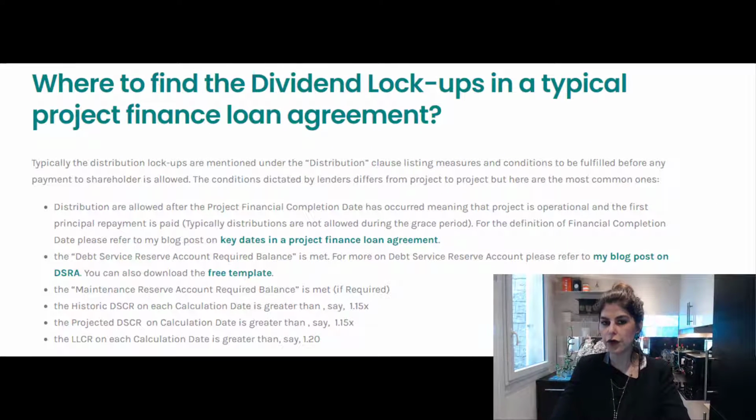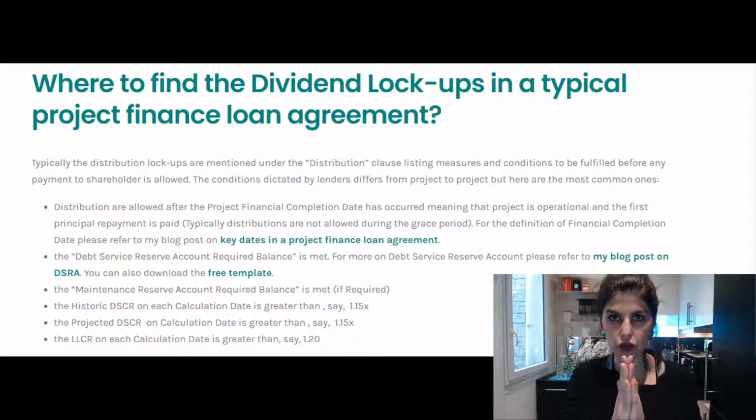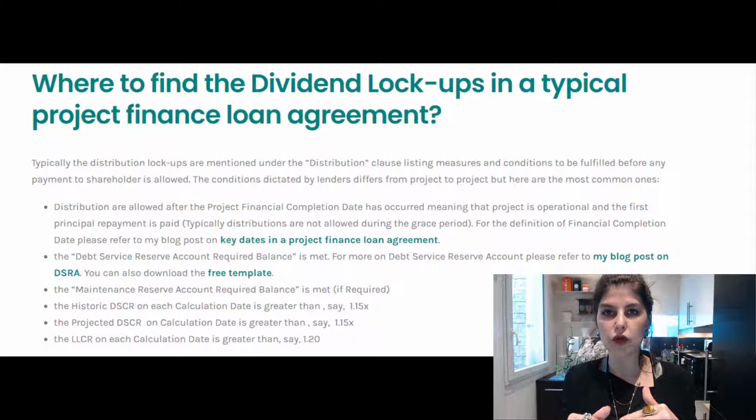So if you already have a term sheet, then you need to open that term sheet and look for the definition of distributions. Typically there is a definition for distribution, and under this definition there are different conditions for the shareholders.